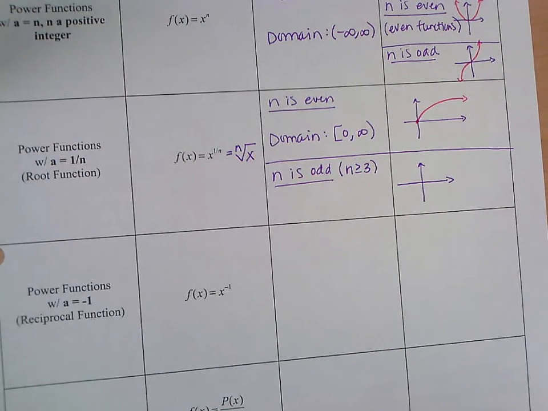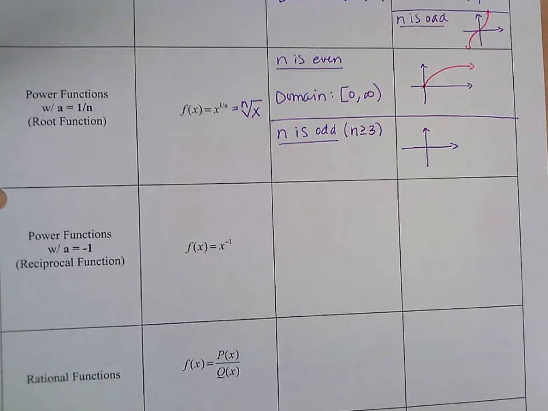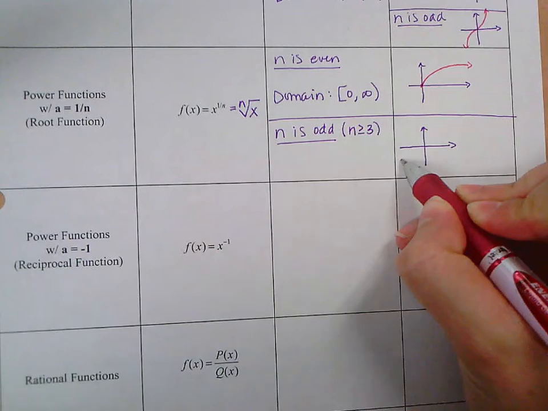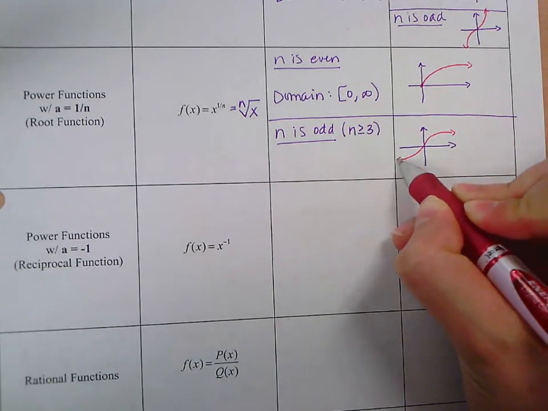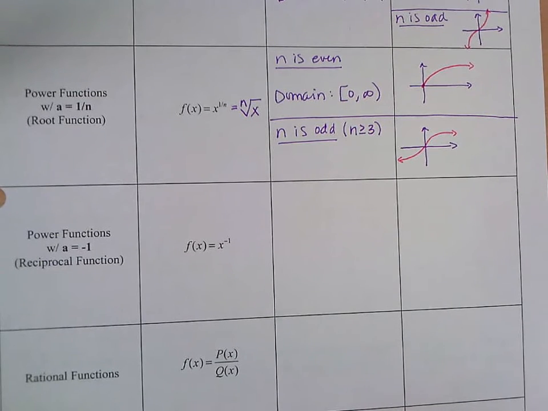Because again, if n was 1, it would be linear, so it wouldn't be a root function. Okay, so cube root function looks like this. Kind of looks like an S-ish.